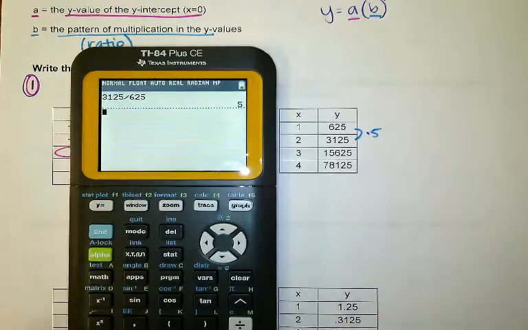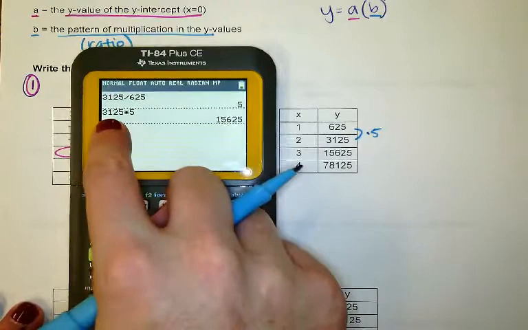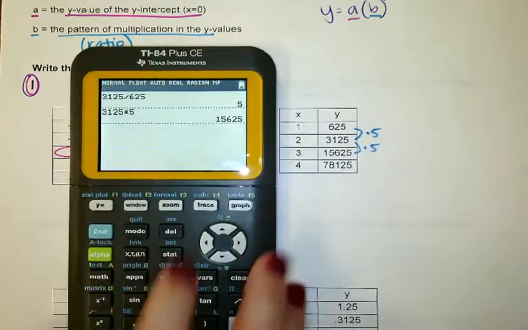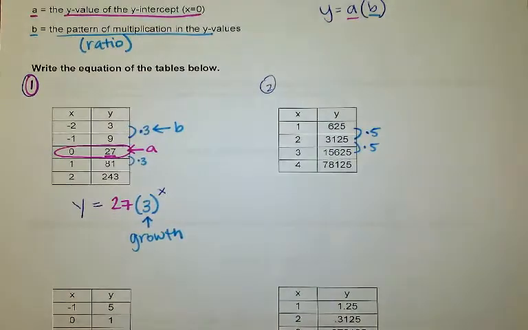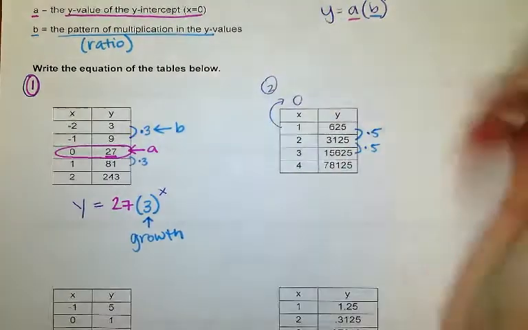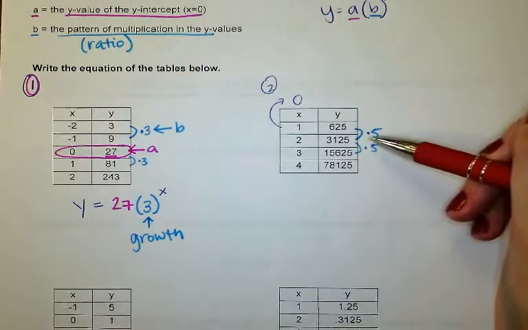So we know that we're multiplying by 5 each time. I like to double check, and I'm going to do 3,125 times 5, and sure enough, that is what we got there. Do y'all feel good about that? Now if I want to find my a, I'm going to go backwards. So going forwards, I multiply by 5.